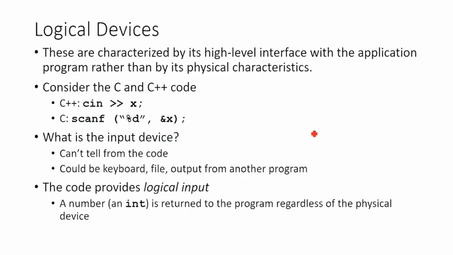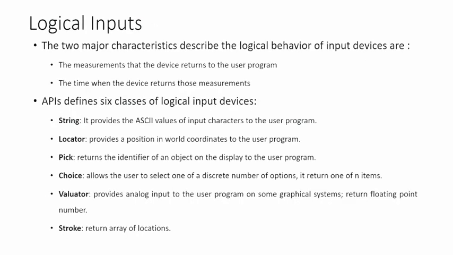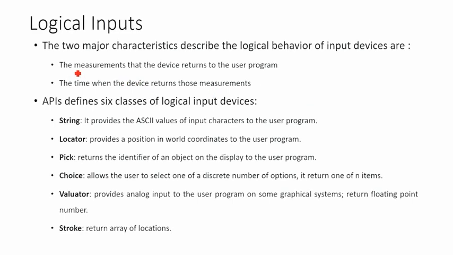Now looking at logical devices, there are two things that we can characterize based on the logical inputs. The first thing is called the measurement. The measurement can be the position or the velocity, or it can be the key that you have pressed, or whatever it may be. What is the measure that your program is going to receive?